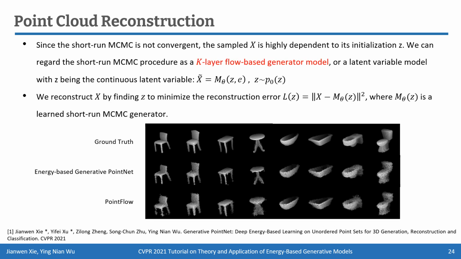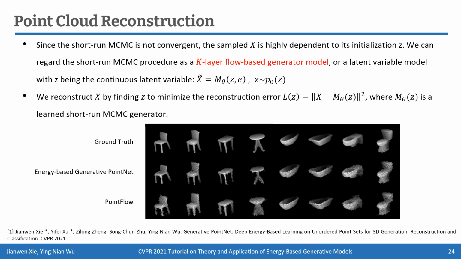Since the model is trained with k-step short-run and non-convergent MCMC, the sampled point cloud X is highly dependent on its initialization Z. Therefore, the short-run MCMC process can be regarded as a k-layer flow-based generator or a latent variable model with the initial point Z as the continuous latent variable.